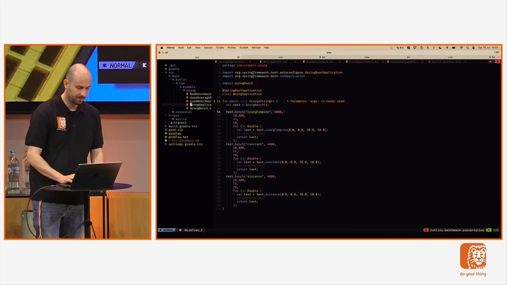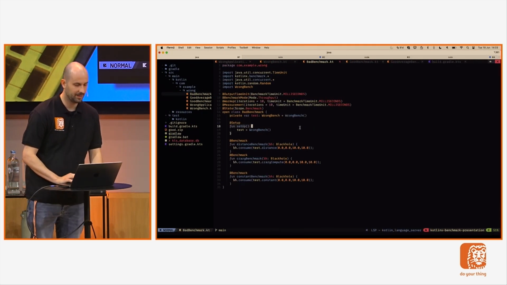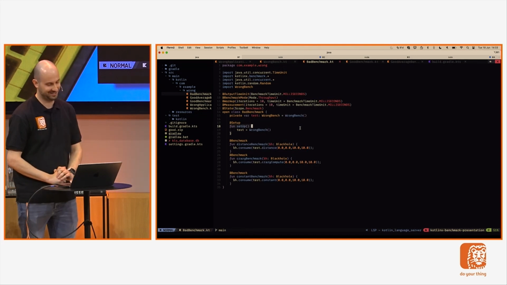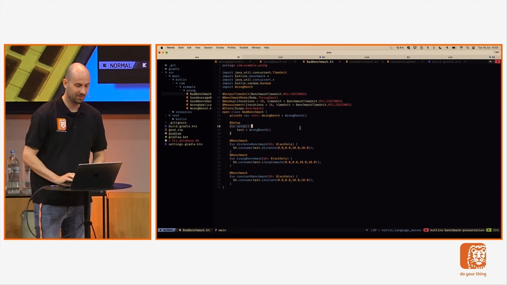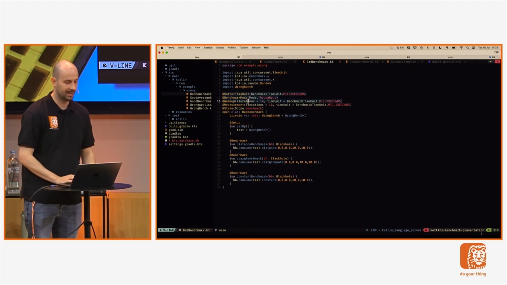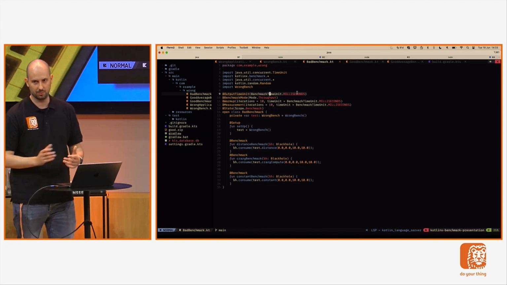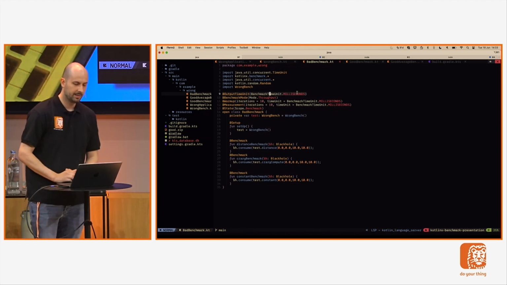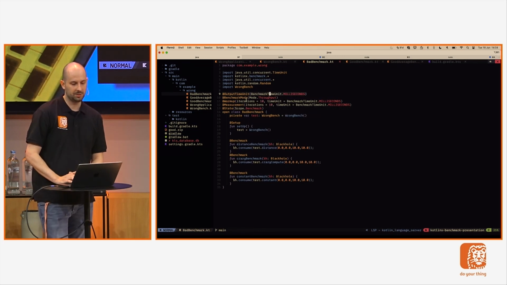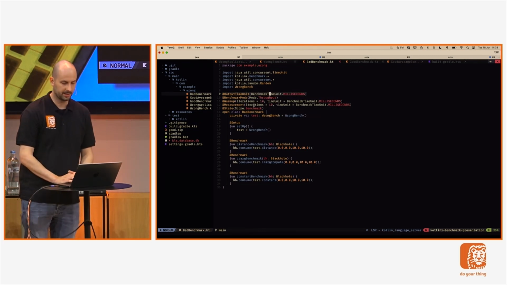It's much simpler if we go here to the bad benchmark, because it's still bad. You can see that there are many annotations on the class. First of all, you define the time unit which you're interested in. Then how many warm-up phases you need, and the measurement, how it will be taken.